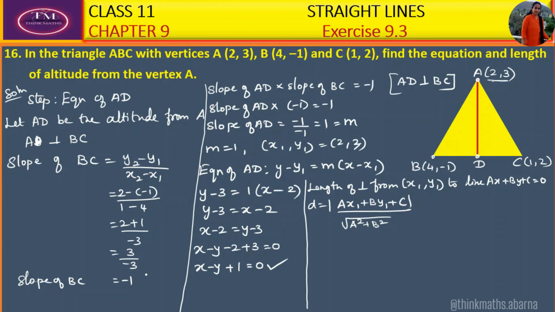So this is the format to find. Now, the length of the perpendicular from A to the line BC. So we need the equation of BC. So what is the equation of BC?